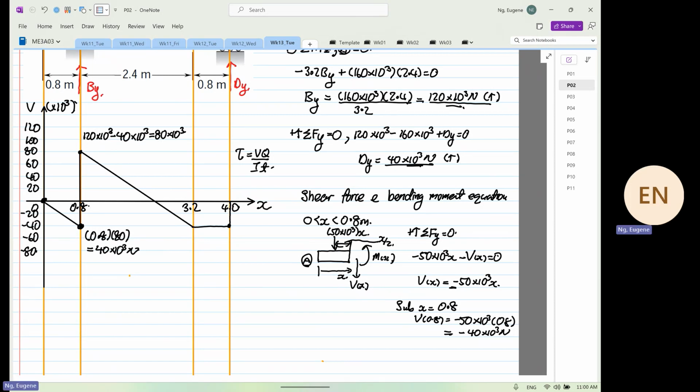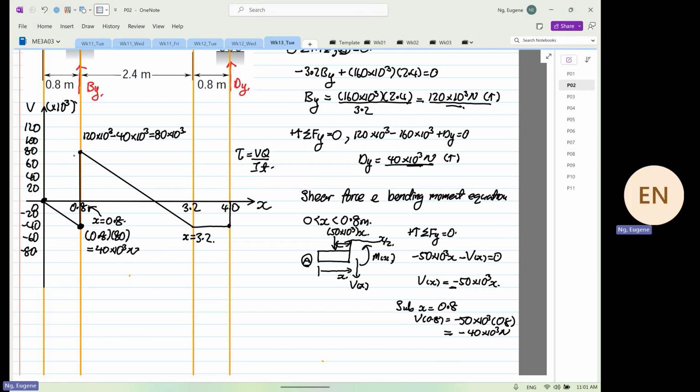One point of interest is x equal to 0.8. The other point of interest is x equal to 3.2 for now.